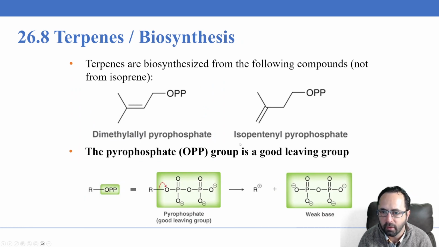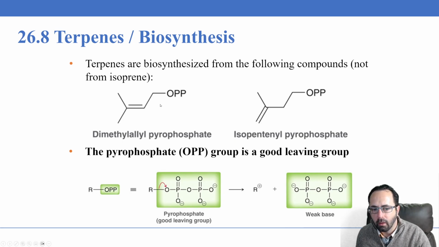Terpenes are biosynthesized from the following compounds, not from isoprene itself, but an analog of isoprene. These contain high-energy phosphate groups attached. So those are what drive the reaction because they're a good leaving group here. There are 2 main terpene derivatives like this, with the 2 phosphate groups: dimethylallyl pyrophosphate and isopentyl pyrophosphate.